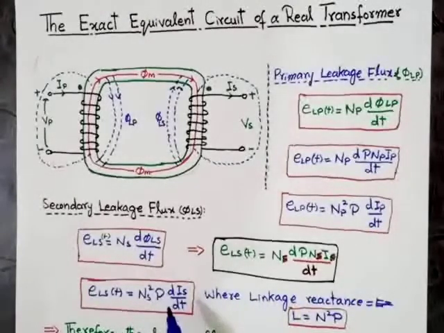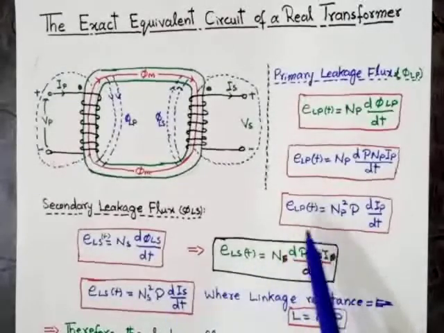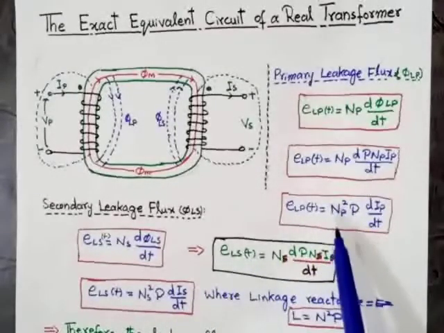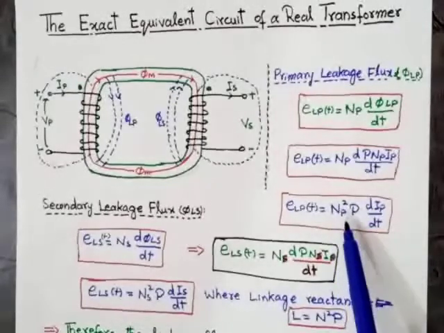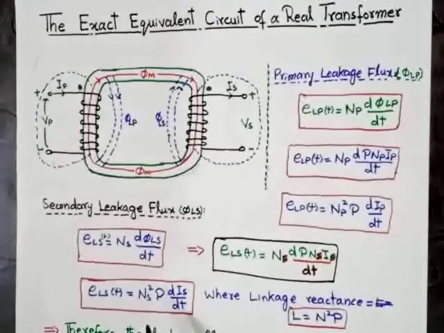Now, as you can see in these two equations, there is a constant factor. In the primary equation, NP square into P is the constant factor, and in the secondary leakage flux induced voltage, NS square into P is the constant. This constant is basically called the leakage reactance.